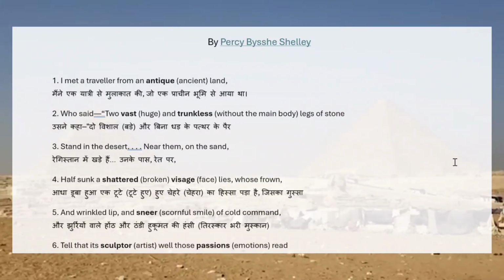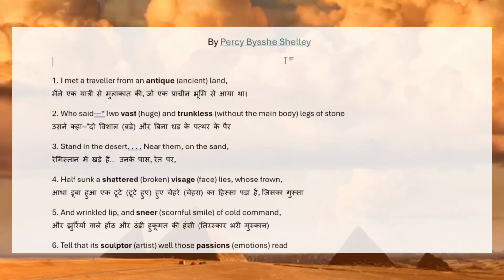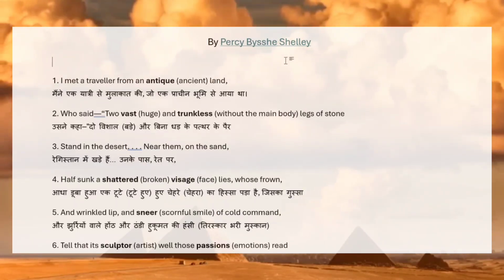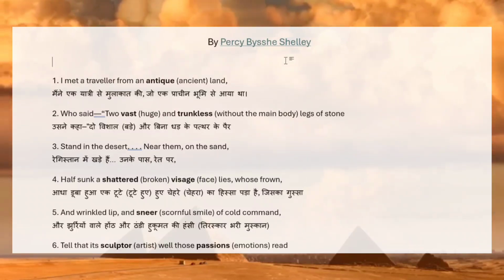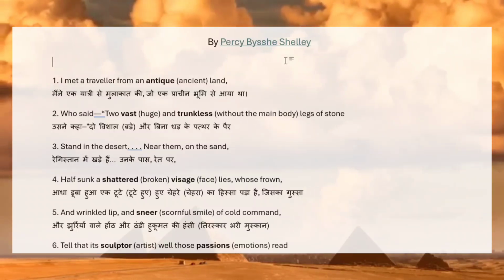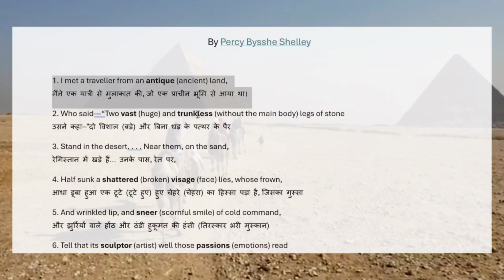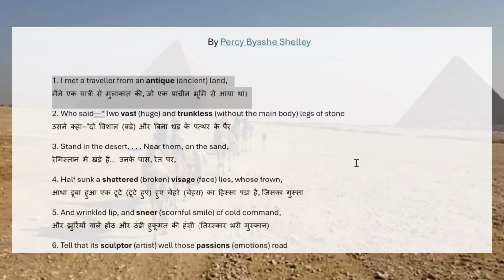Question number one for you is: how does Shelley's description of Ozymandias' statue serve as a critique of authority and pride? Question number two is: why do you think Shelley chose a distant narrator, the traveler, to recount the tale of Ozymandias rather than describing it firsthand?